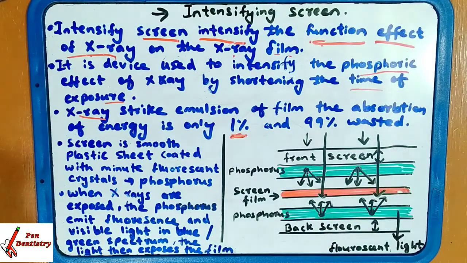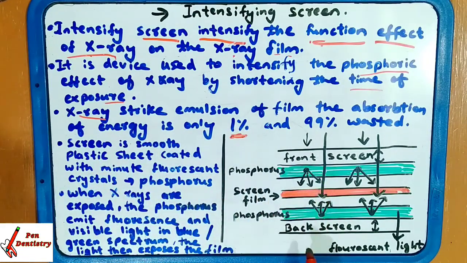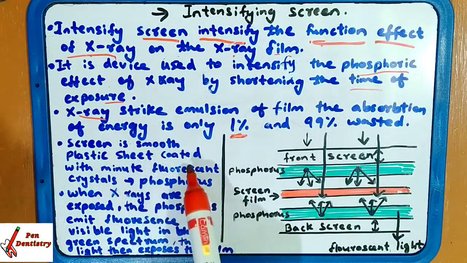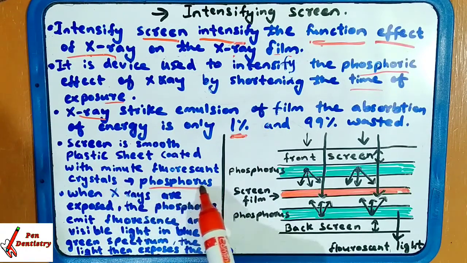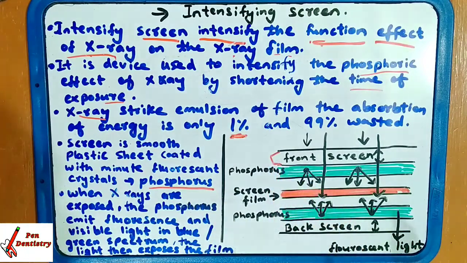As I have told you in the previous lecture, the screen is a smooth plastic sheet coated with minute fluorescent crystals. What are the fluorescent crystals here? These are phosphorus. You can see that this is the first layer of the screen, the front screen, and this is the last layer of the screen, the back screen.